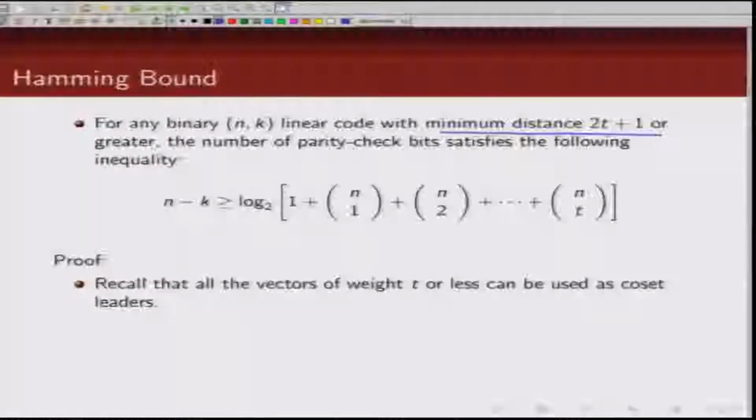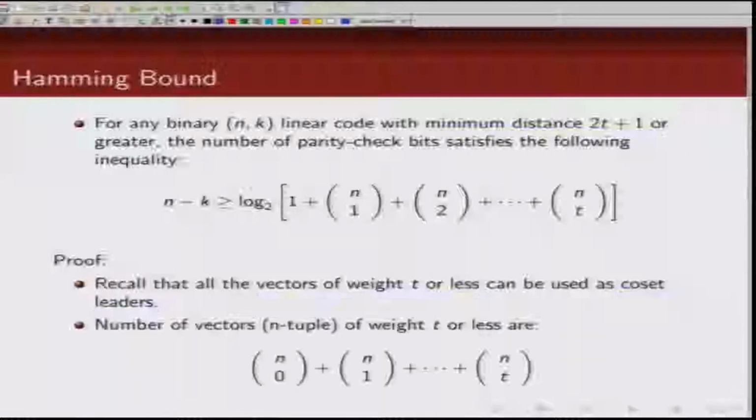Then we can correct these error patterns. So if a linear code has minimum distance of 2t plus 1, all error patterns of weight up to t are correctable, and hence we can use all error patterns of weight t or less as coset leaders.